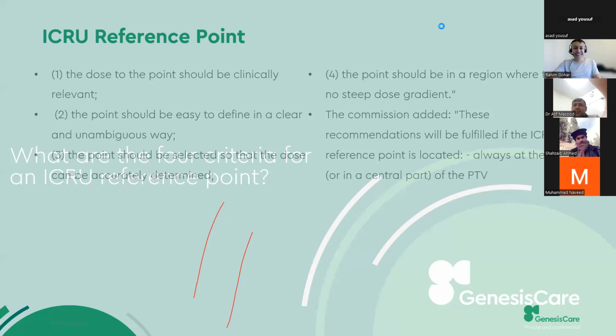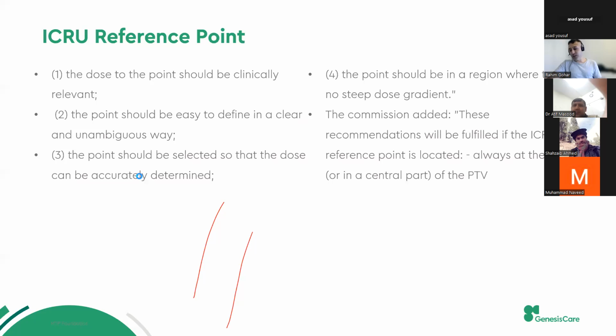But whenever you are normalizing at a certain point, you need to take care of a few things. You cannot keep it where there is a beam penumbra, or under a block, or where there is a density gradient.